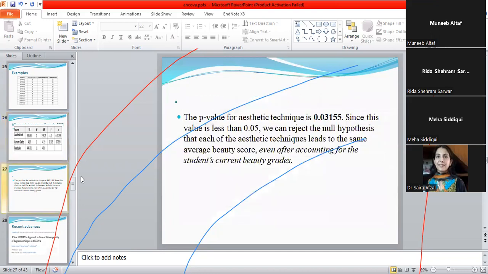So the p-value for the aesthetic technique is 0.031. Since this value is less than 0.05, we can reject the null hypothesis that each of the aesthetic techniques leads to the same average beauty score, even after accounting for the students' current beauty grades.